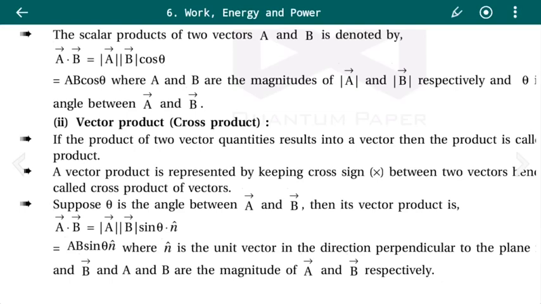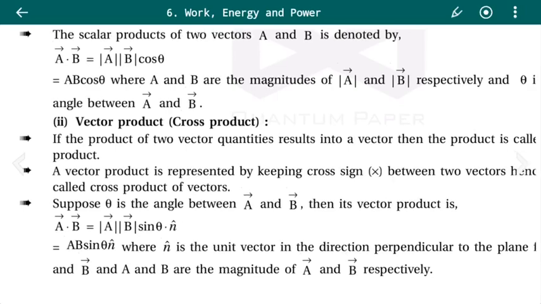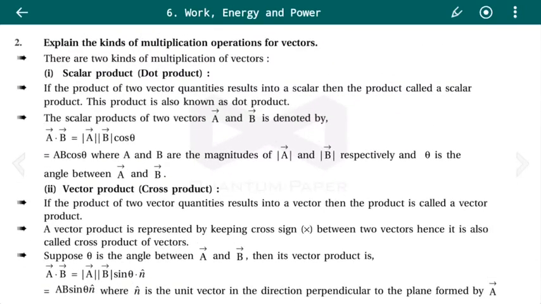To mention the direction, we use n cap. We have taken n cap because this unit vector, that is the direction, is perpendicular to the plane formed by A and B. So students, you may note down this theory.